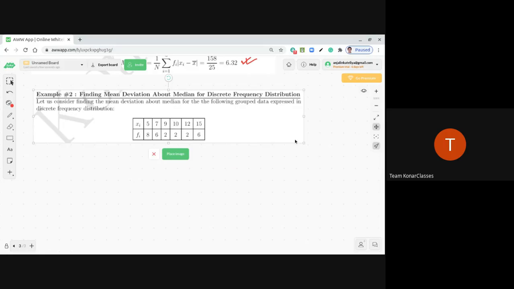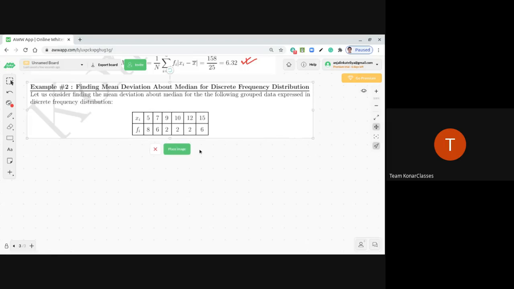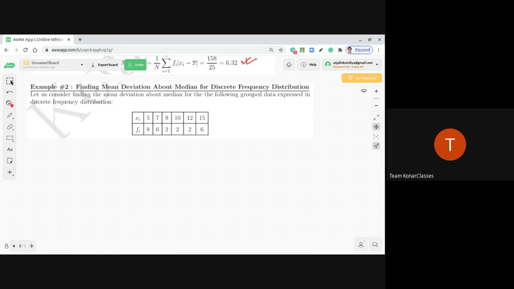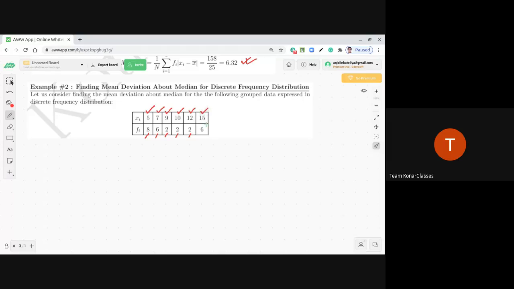Okay, so let us consider the following data set towards computing the mean deviation about median. Value 15 occurred 6 times.